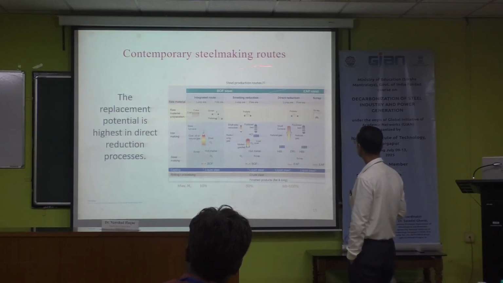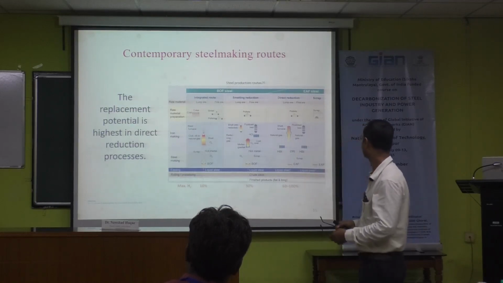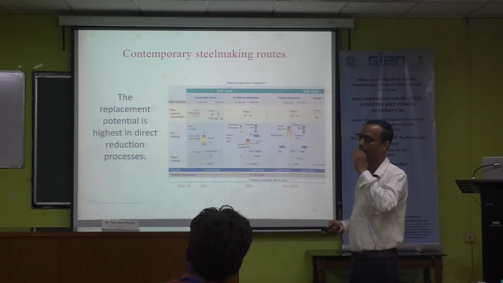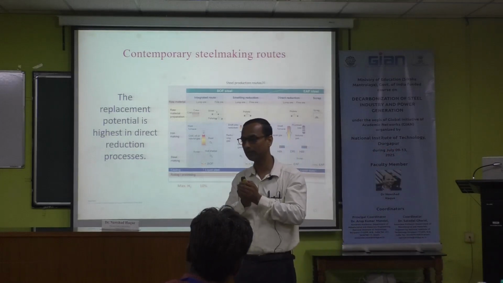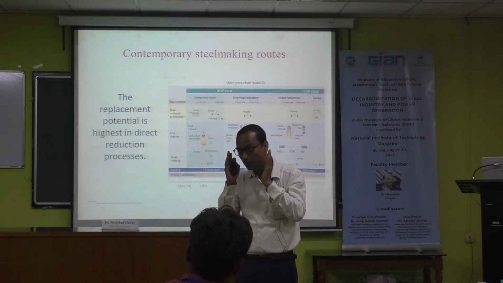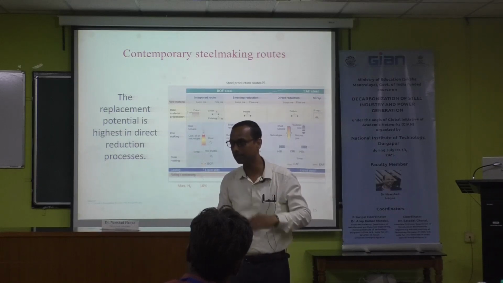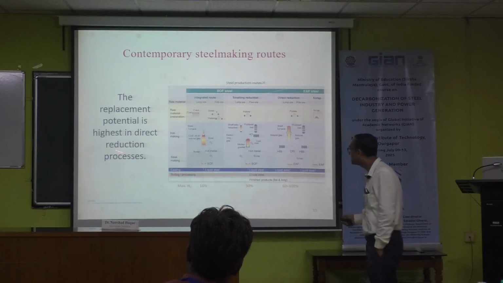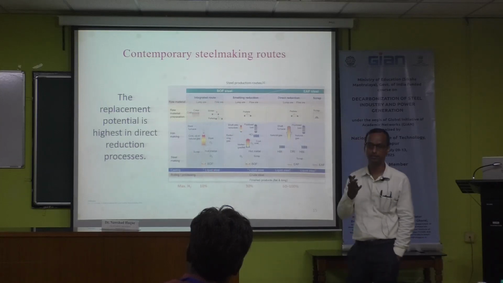This slide which I have taken is very interesting. Why are we talking about hydrogen? Yes, hydrogen can be used in any area of ironmaking, but why do we emphasize more on DRI making or green steel making? This is the answer. If you see the replacement potential in the case of a blast furnace, you can inject hydrogen, but how much? 10%.